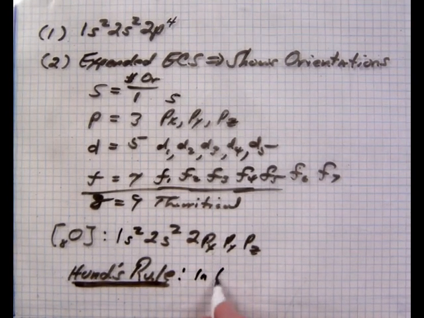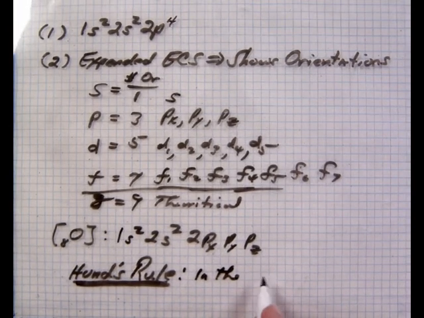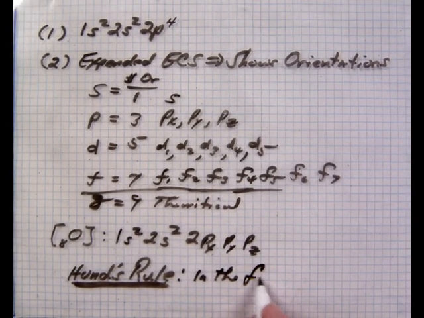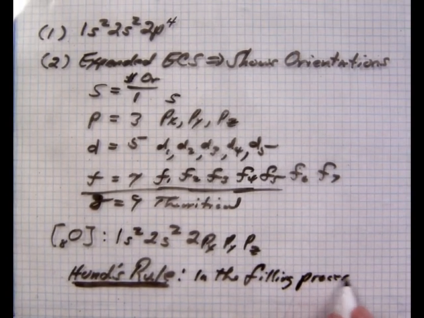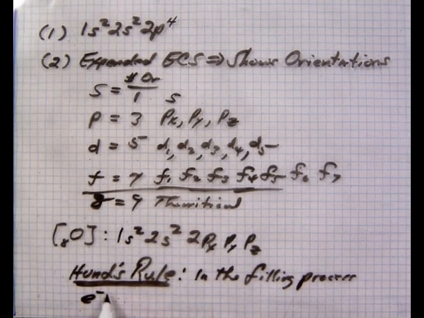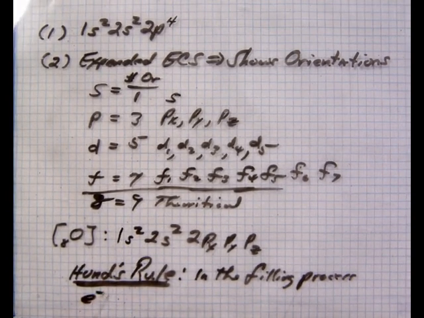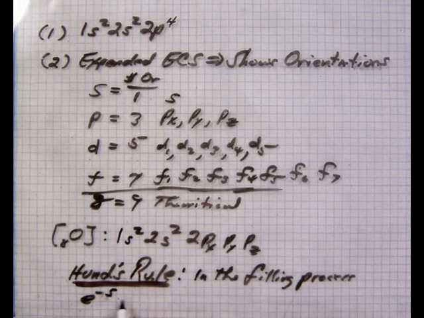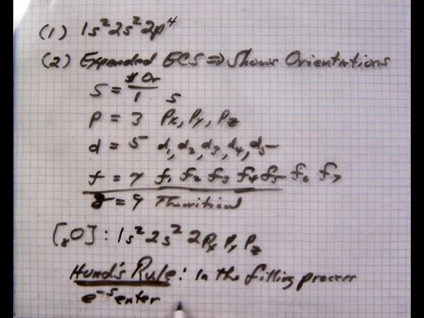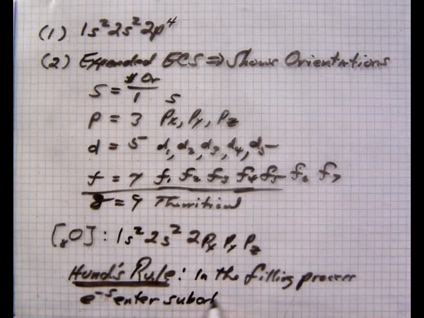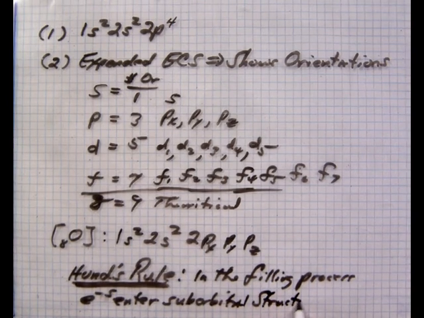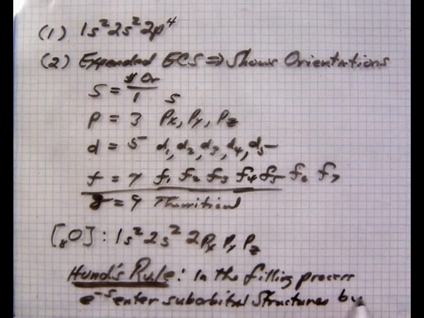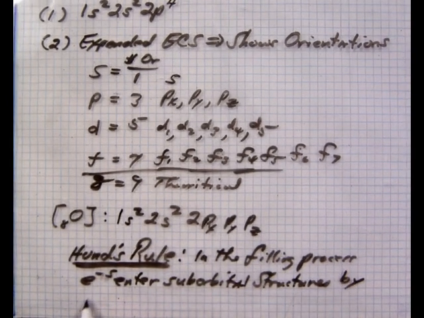In the building up process or filling process, electrons enter suborbital structures by parallel spins.